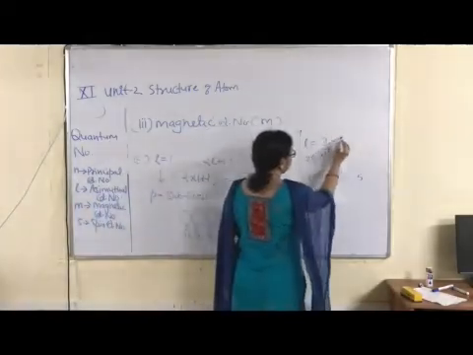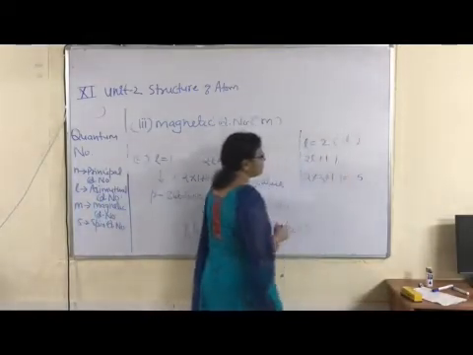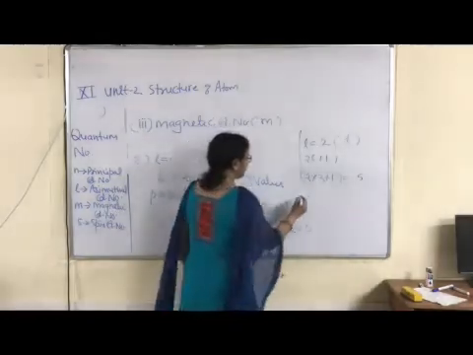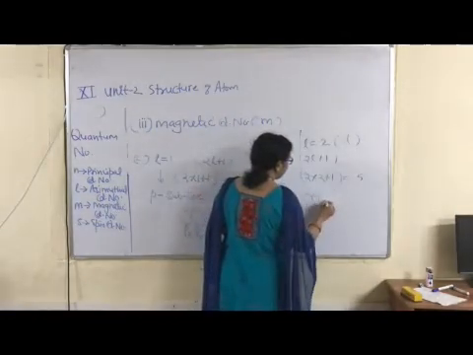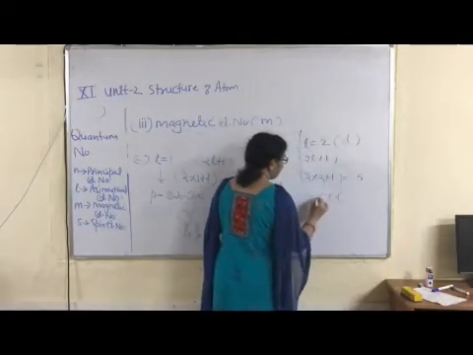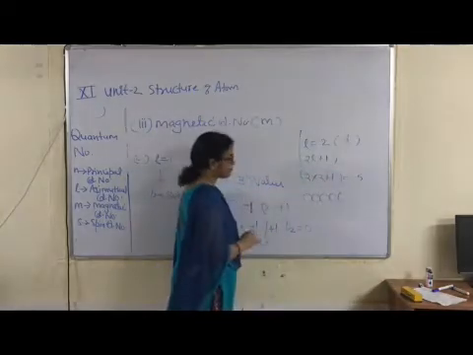And if L is equal to 2, then which subshell is present? D. And the D subshell is divided into how many orbitals? 5.